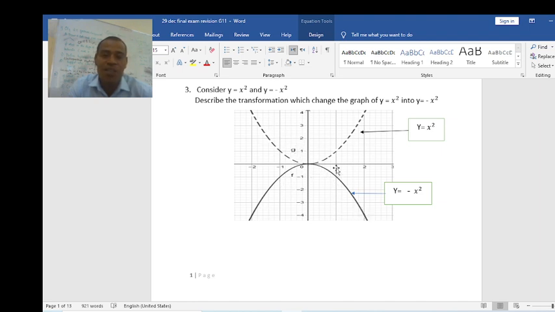Okay, you can see that if f of minus x is f of x, it will be a reflection in the y-axis. But here we can see that f of x equal minus f of x.